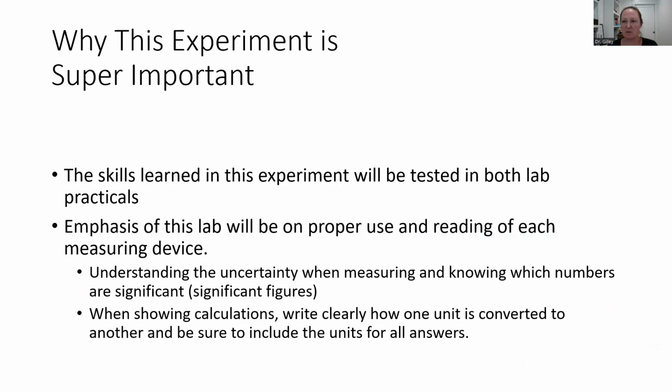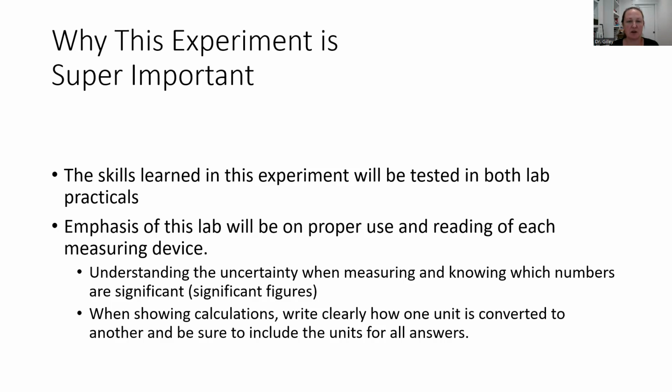All right, so once you're done with the pre-lab, you can think about starting the experiment. And I want to really emphasize that this particular experiment, compared to, let's say, the other experiments, is arguably the most important experiment, because not only are you going to be working towards your 50 points for this experiment, but also both practicals in this class are based on what you learn in this experiment.